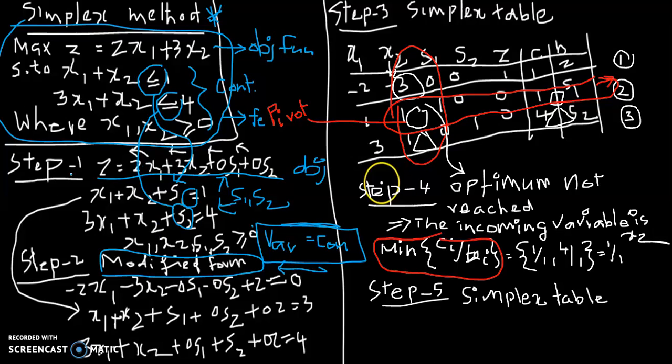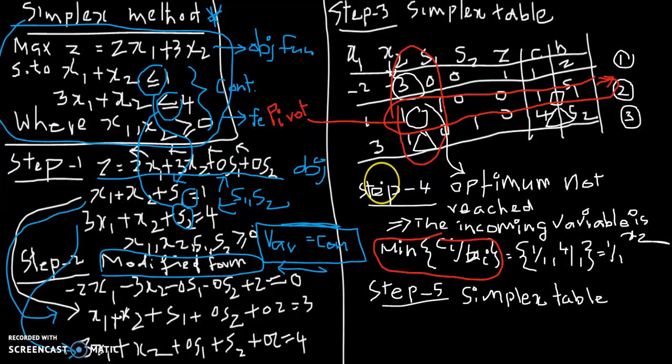Now look at the objective function. You bring 2x1, 3x2, 0 s1 and 0 s2 to this side, and you will have minus 2x1 minus 3x2 minus 0 s1 minus 0 s2 plus z equals 0. Then the constraints become x1 plus x2 plus s1 plus 0 s2 plus 0 z equals 1, and 3x1 plus x2 plus 0 s1 plus s2 plus 0 z equals 4.